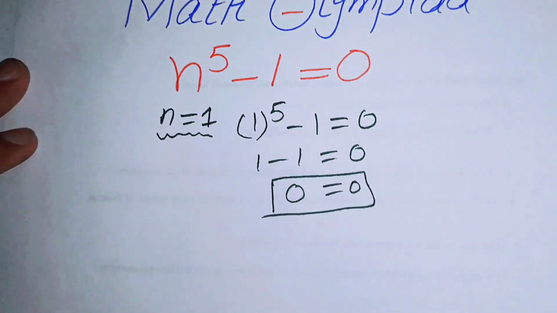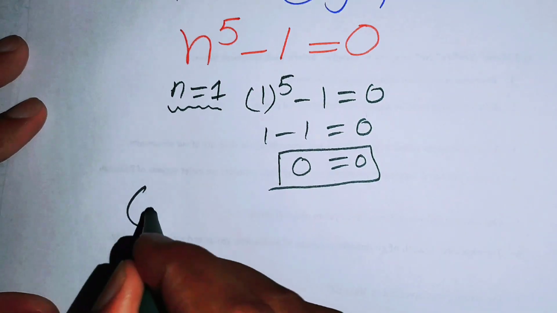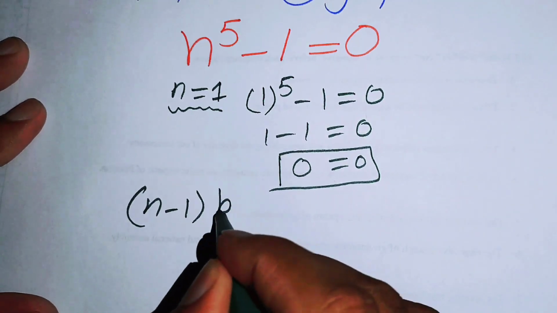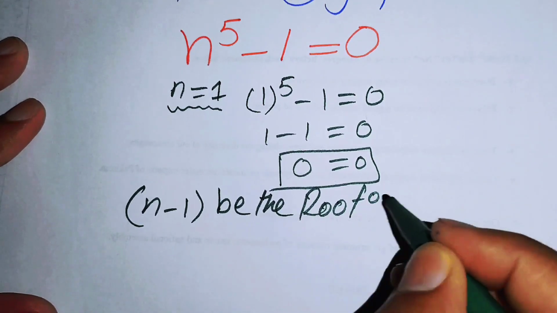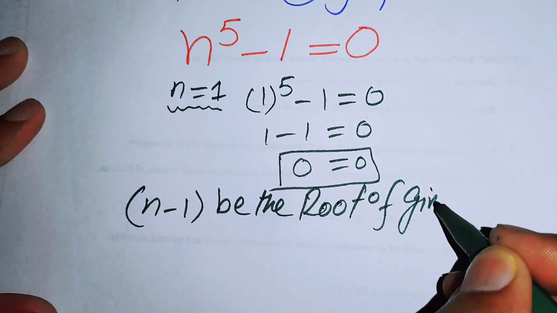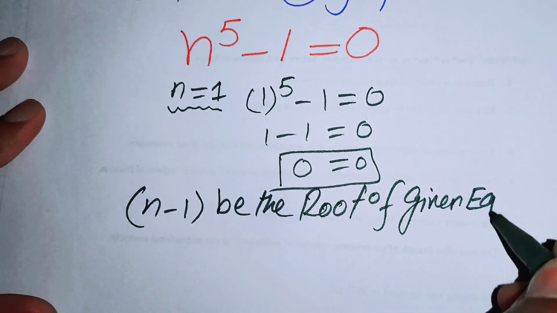So we say that n minus 1 is a root of the given equation.